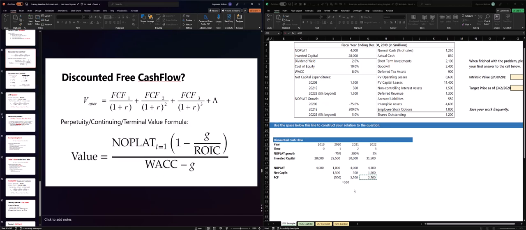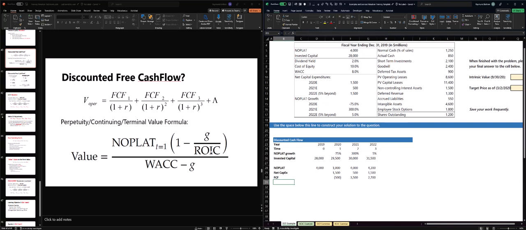So we take our NOPLAT, T plus 1, so 2022 with 5% growth, right? Times 1 minus g, which is 5%, divided by return on invested capital. Oops, we don't have the return on invested capital, so let me try to calculate that one first.